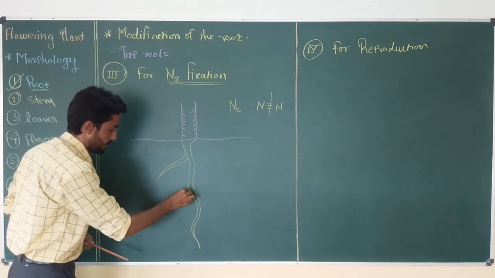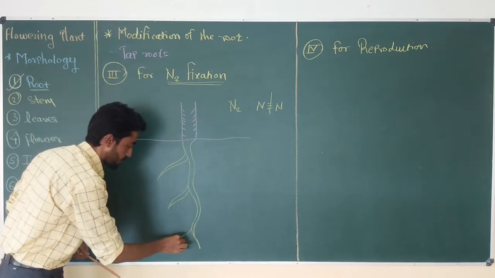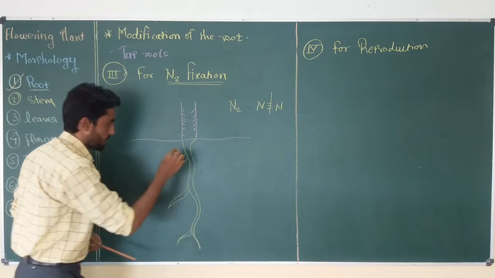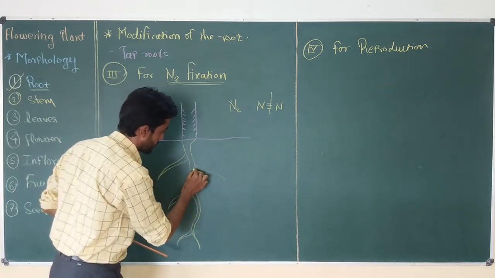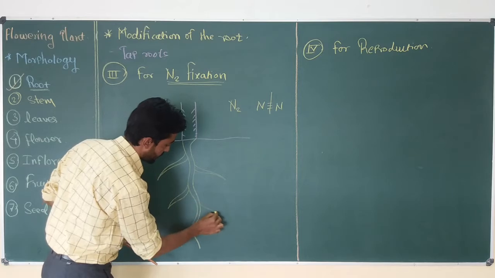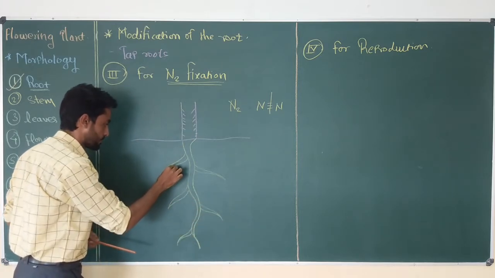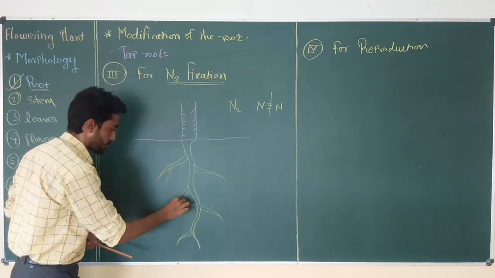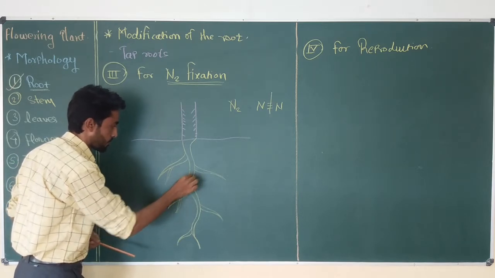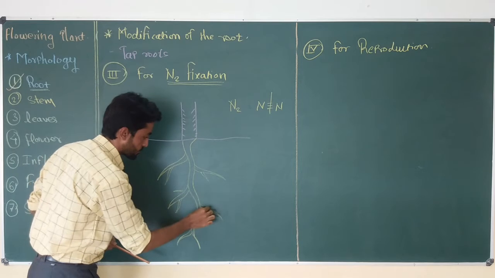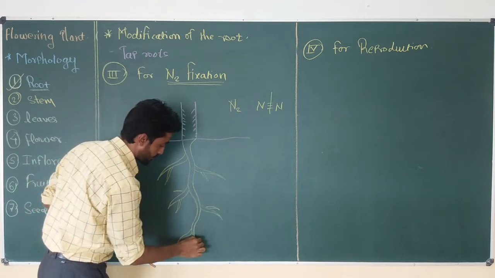I have discussed in detail the structure of the taproot in the previous video. Now these secondary roots also develop tertiary roots. Okay, so this is the structure of the taproot system.